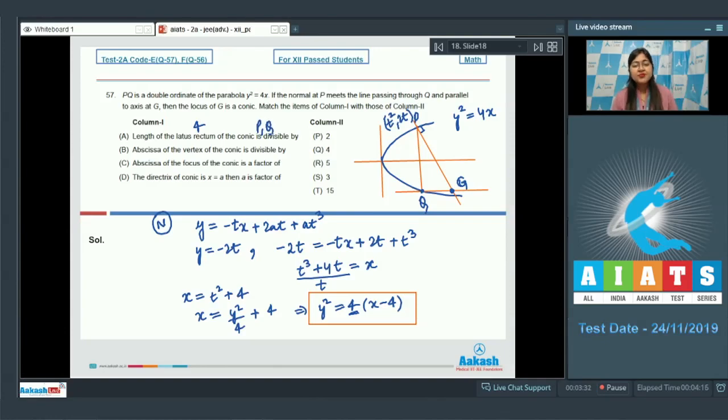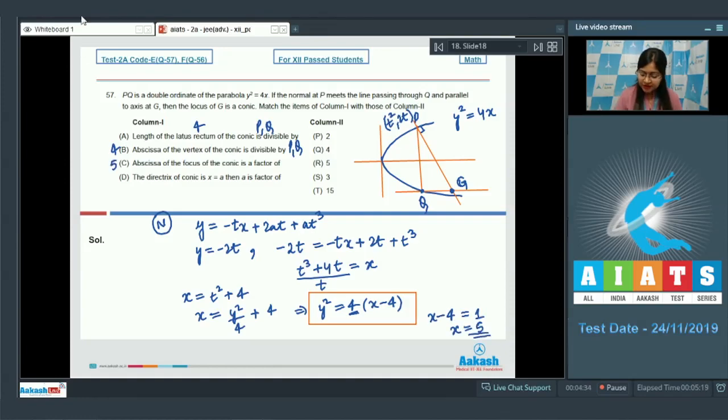Option B says abscissa of the vertex. Vertex is (4, 0). So, abscissa is 4. Again, it is divisible by P comma Q. Now, option C, abscissa of the focus. What is focus here? x minus 4 equal to 1. So x equal to 5.